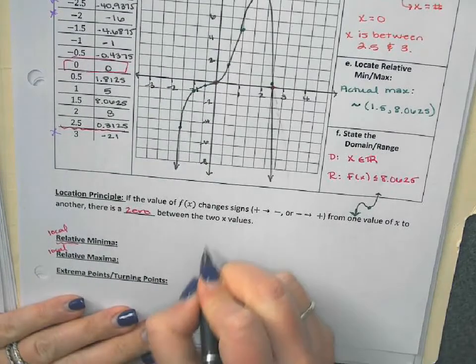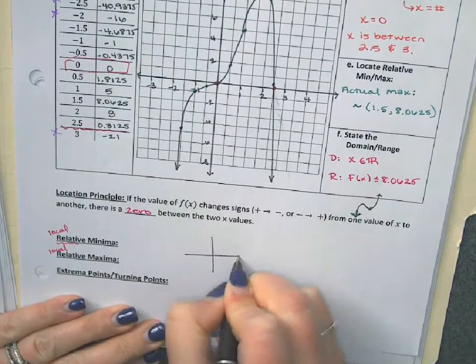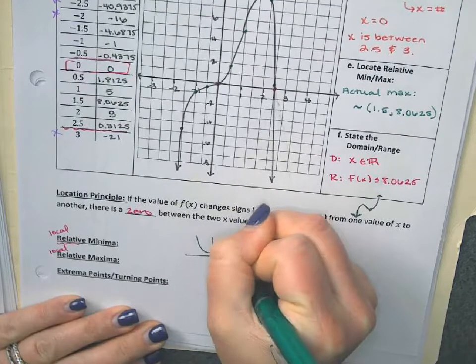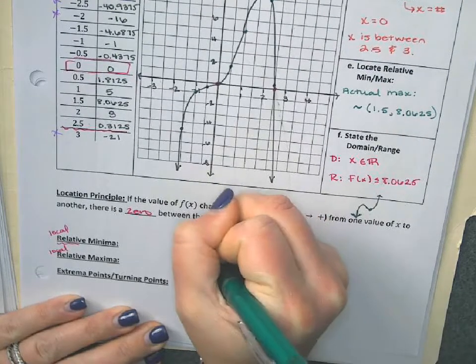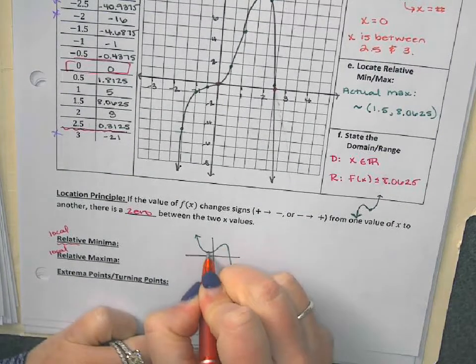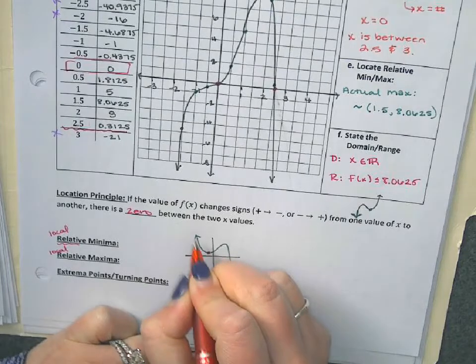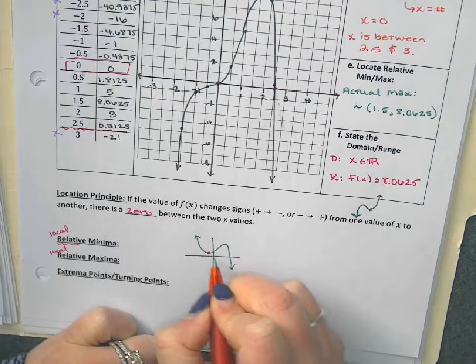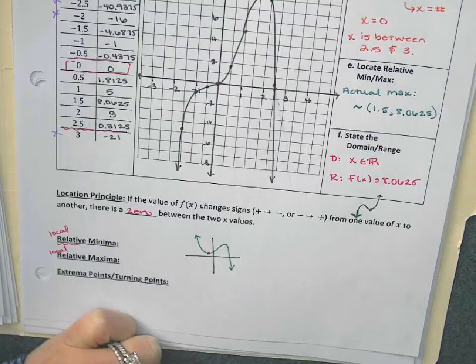So if we had an odd degree function here, obviously there's not a maximum because it keeps going up forever. There's not a minimum because it keeps going down forever. You can also have these in even degrees. They just will look a little bit different.